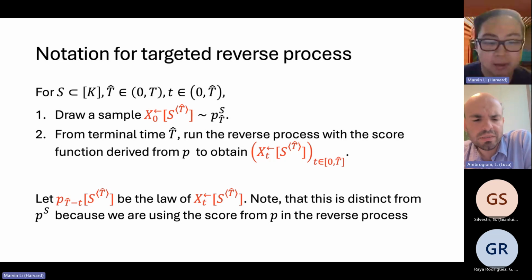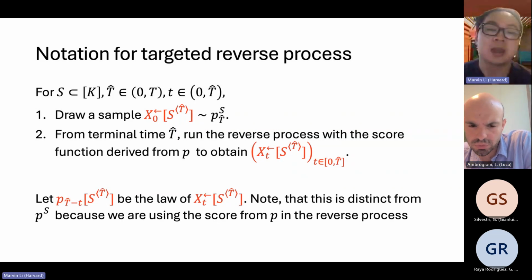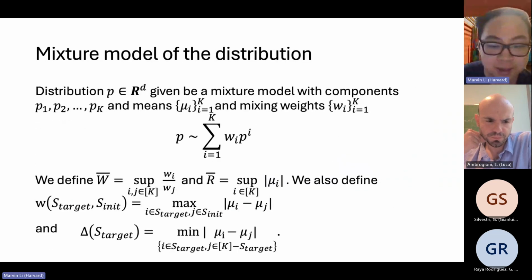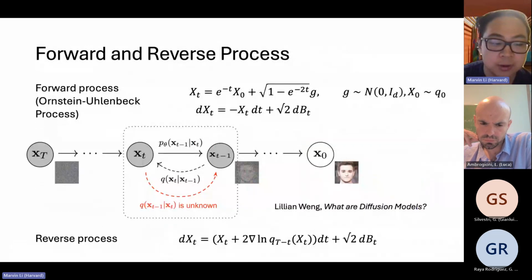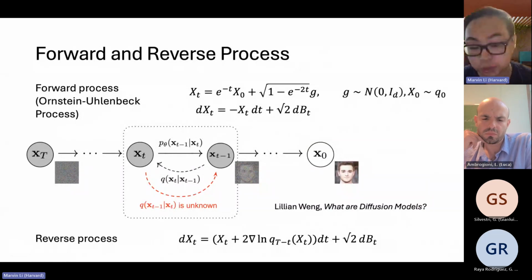I'm sorry, I didn't fully understand. What do you mean by the score of everything? So let me go back to this slide. The reverse process depends on Q, the starting distribution that we start with. So if we start with P superscript S, like the submixture of all cats, the score function just depends on the submixture representing cats.